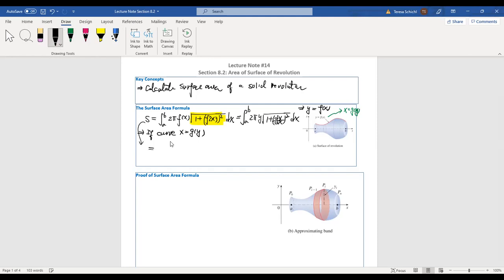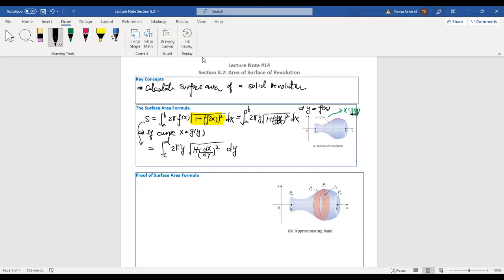This surface area will be equal to the integral from c to d, since if you write x as g of y, the domain is now the y-values. Then you have 2 pi y times the square root of 1 plus dx/dy squared, dy. Both will give you the same surface area, because it's the same solid.